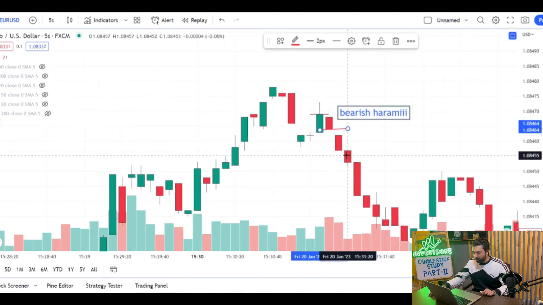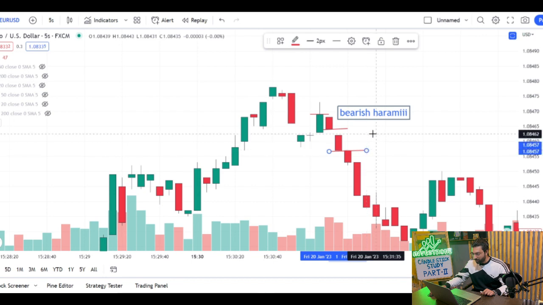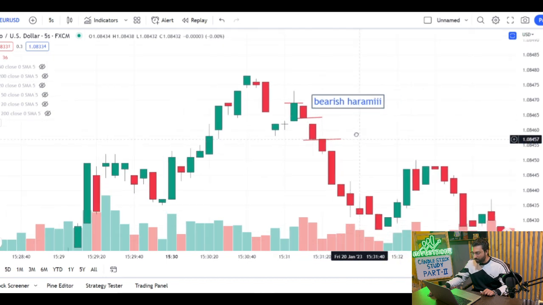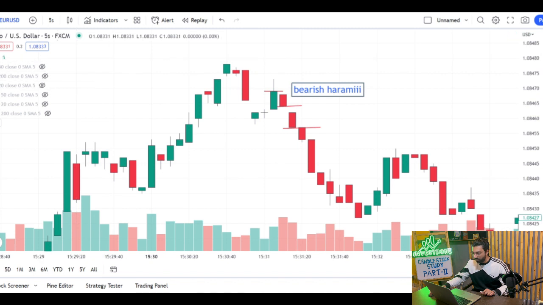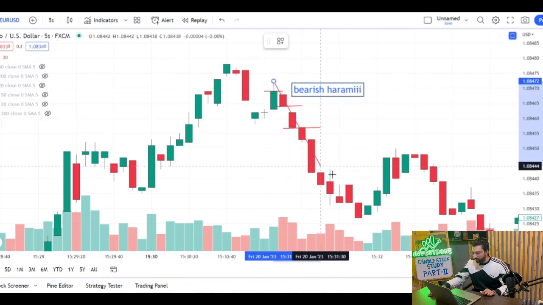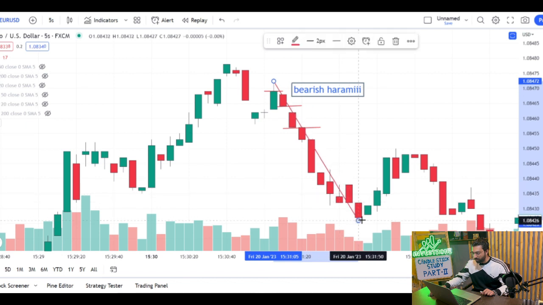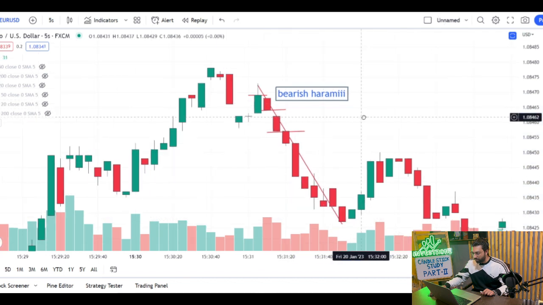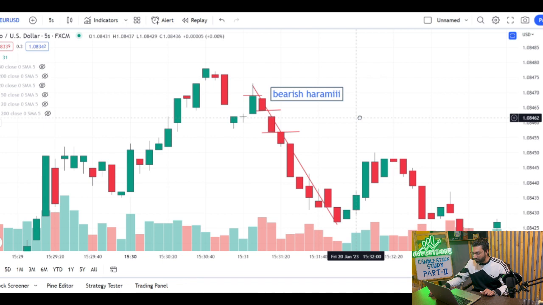You have to wait for the formation of another bearish candle. You can see here there is a bearish candle, which will tell you that now the market will be in a downtrend. After this confirmation, you can see the market goes from the top to the bottom, even more down, but this much profit will be enough for the trader.